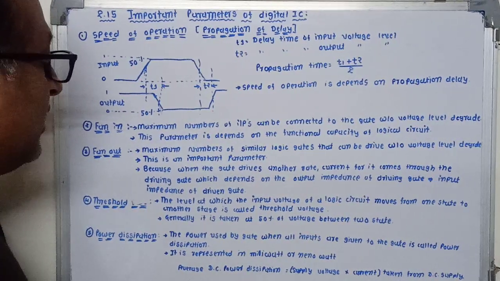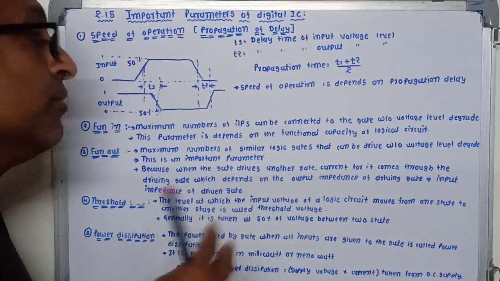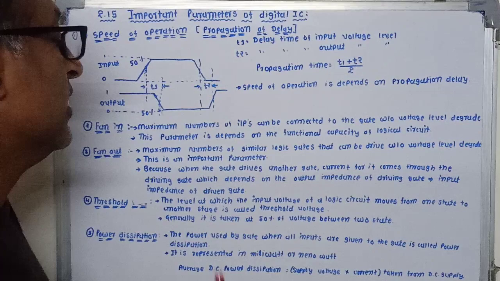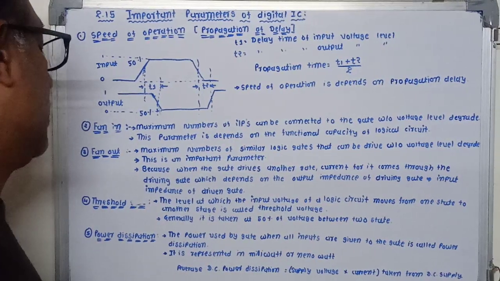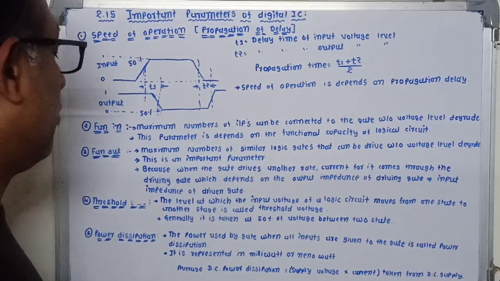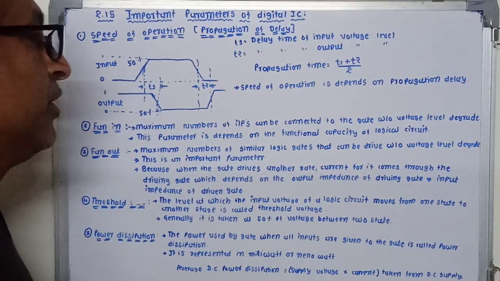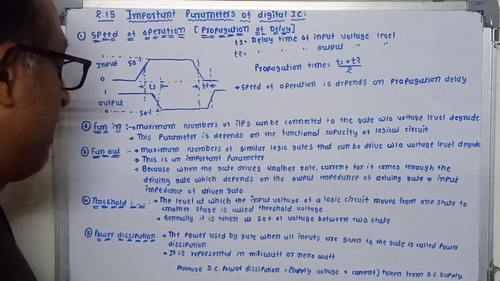So we can say that the level at which the input voltage of a logic circuit moves from one state to another state is called threshold voltage. Generally, this threshold voltage is taken at 50% of the voltage between the two states.